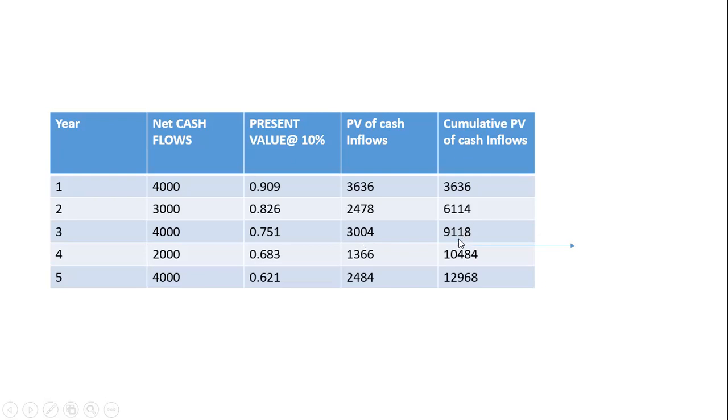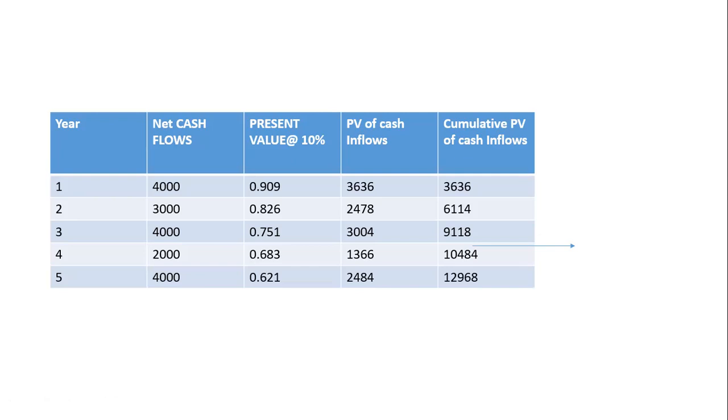You will get 9118. Now to 9118 you add the fourth figure 1366. You will get 10484. Now 10484 plus 2484, you will get 12,968.